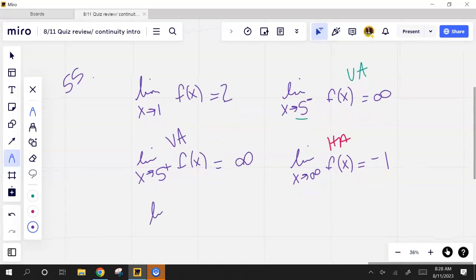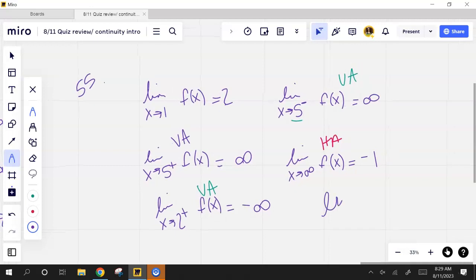The limit as x approaches 2 from the right of f of x is negative infinity. What does that tell me? Vertical asymptote. Gracious, this is going to be a crazy graph. The limit as x approaches negative 2 from the left of f of x is infinity.